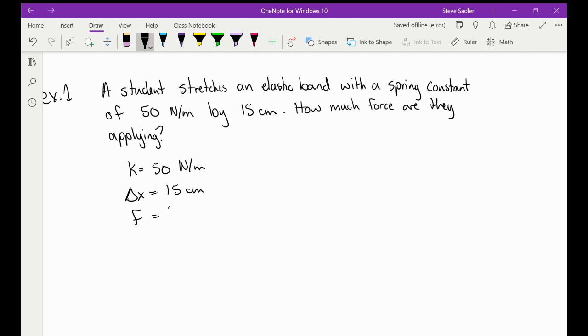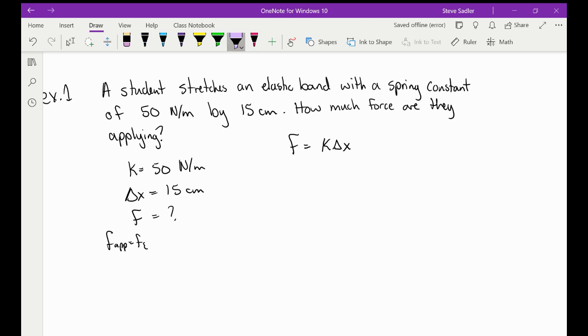In this case, it's the force they're applying, but if they're stretching the elastic band and holding it there, then applied force will equal elastic force. So now we know our formula is F is equal to K delta X. So we can plug everything in.